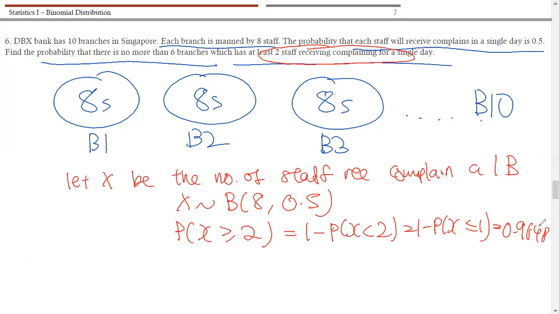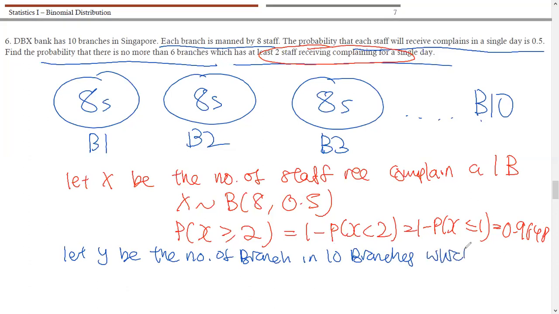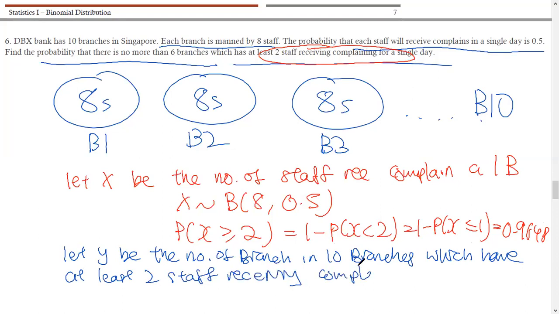Next, we'll define our tier 2. Let y be the number of branches in 10 branches which have at least 2 staff receiving a complaint.